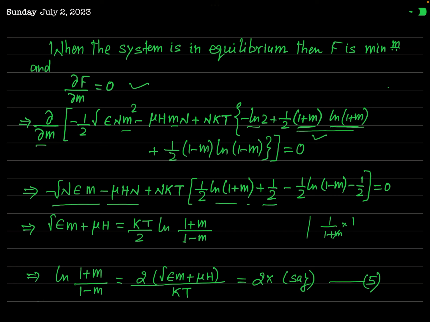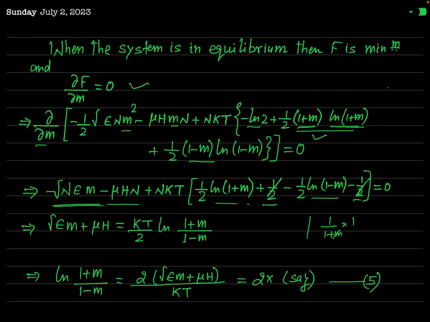In a similar manner you can differentiate the last term, and you will get minus half log 1 minus m minus half. Now this plus half and this minus half will cancel out.